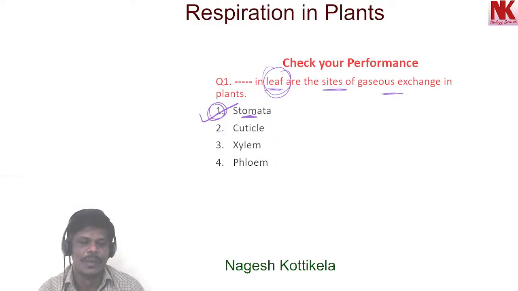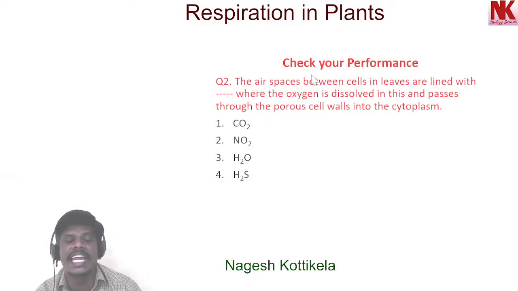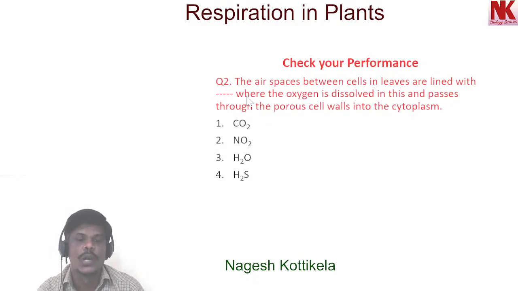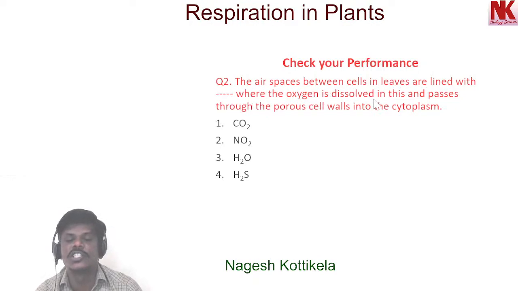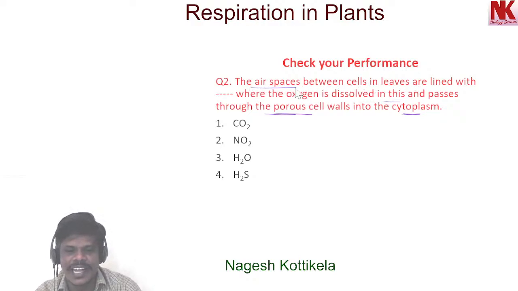Now moving to the next question: the air spaces between cells in leaves are lined with dash, where the oxygen is dissolved and passes through the porous cell walls into the cytoplasm. So the air spaces between the cells in leaves are lined with what?